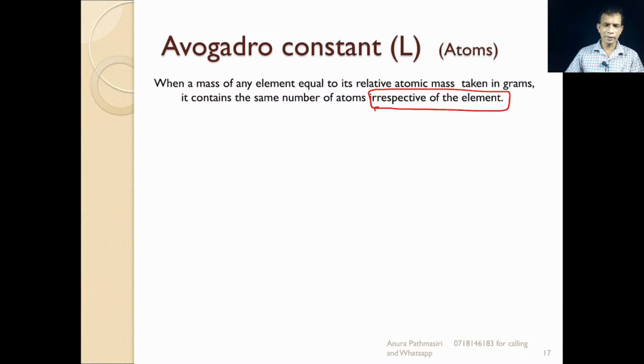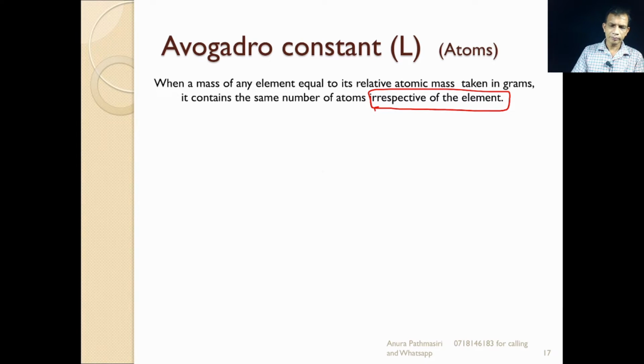And if you take 23 gram of sodium, because 23 is the relative atomic mass of sodium, you will get the same number of atoms, 6.022 times 10 to the power 23. This relationship was first found by Avogadro, so it is called the Avogadro constant, named in his honor.